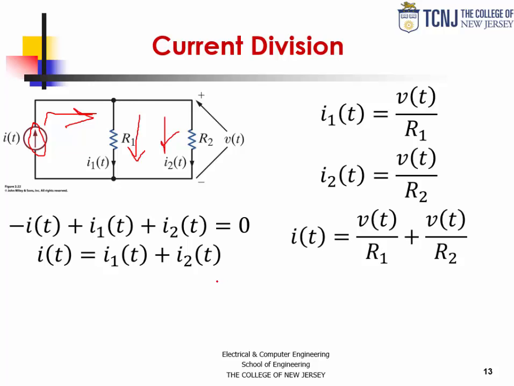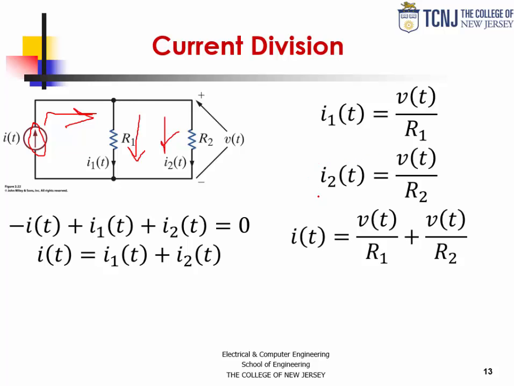Again, using Ohm's law for each of the resistors, the current through each resistor is going to be the total voltage that is going to be developed from the higher node to the lower node, divided by the resistance. That's just an expression of Ohm's law for each of the resistors.